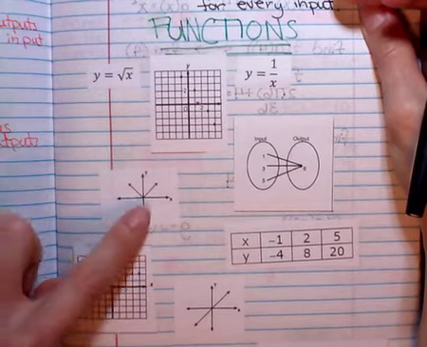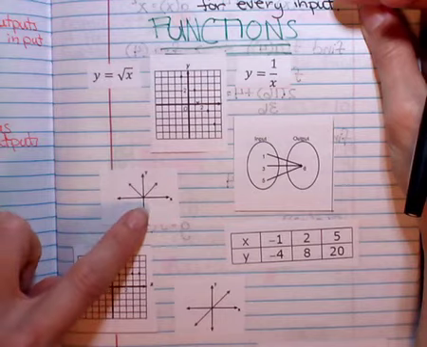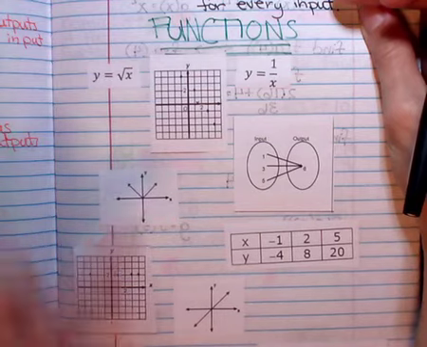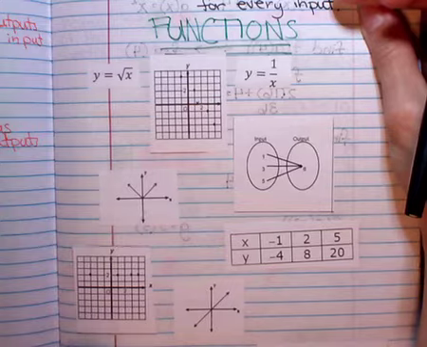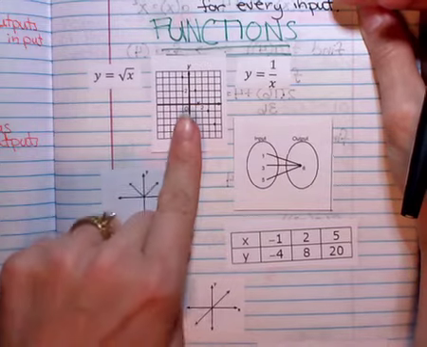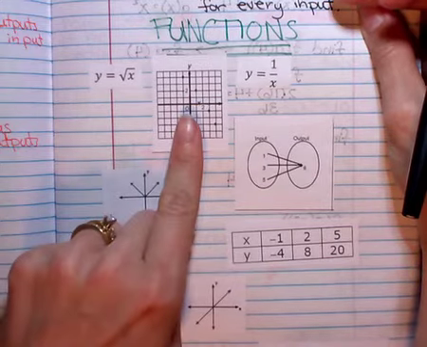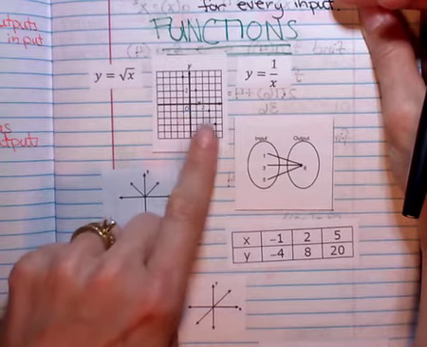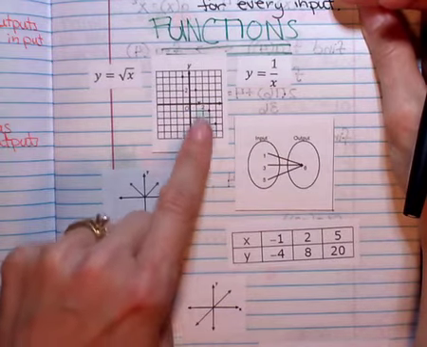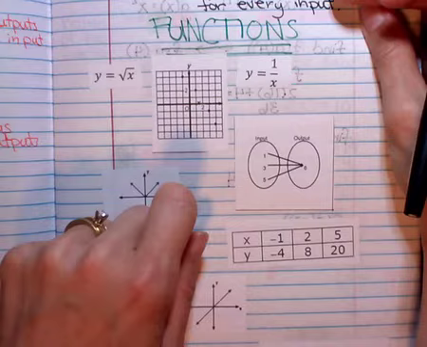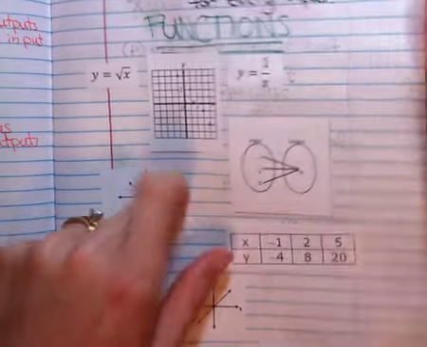It means that we're going to include all of those values every single place along that graph. In contrast, this graph is called a discrete graph. It is not continuous because we do not have a line connecting those points. Those are individual points. We call that discrete.